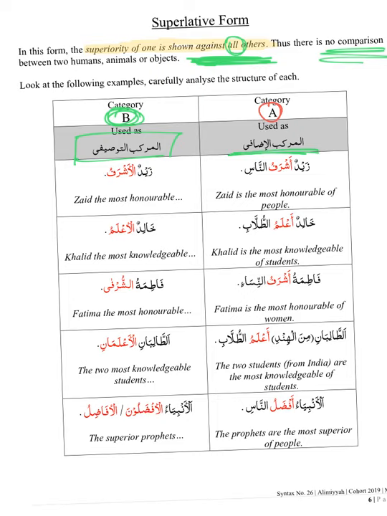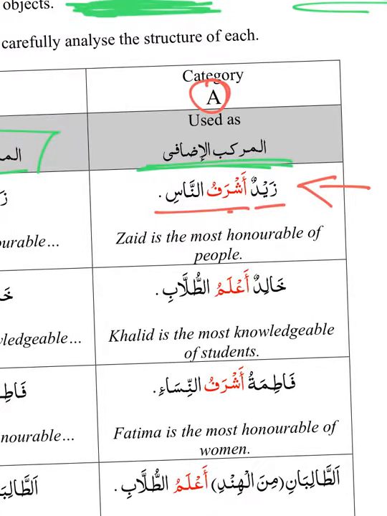When you use ismut tafdhil as mudaf mudaf ilayh in the superlative form and as al-murakkab al-idafi, for example, you've got this example, Zaydun ashrafun nas. So if you can focus on this example, let's just make it a little bit bigger. There you are.